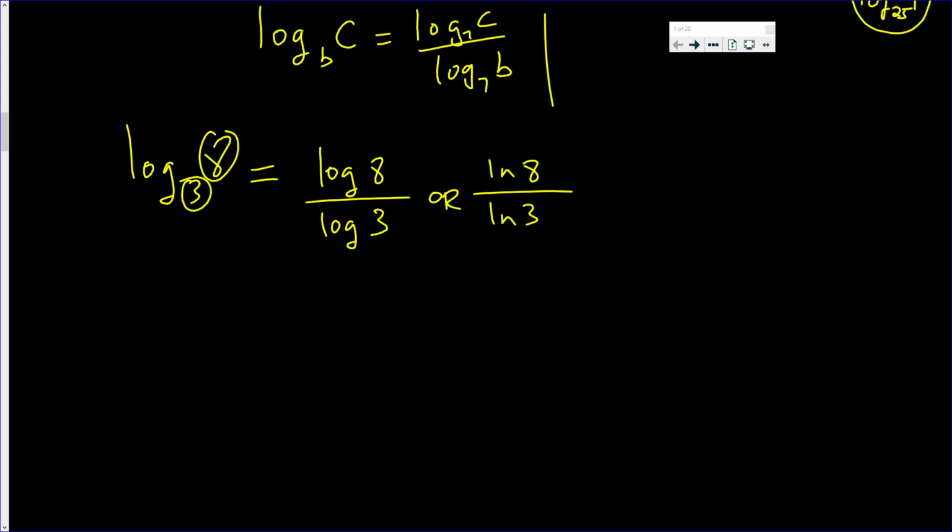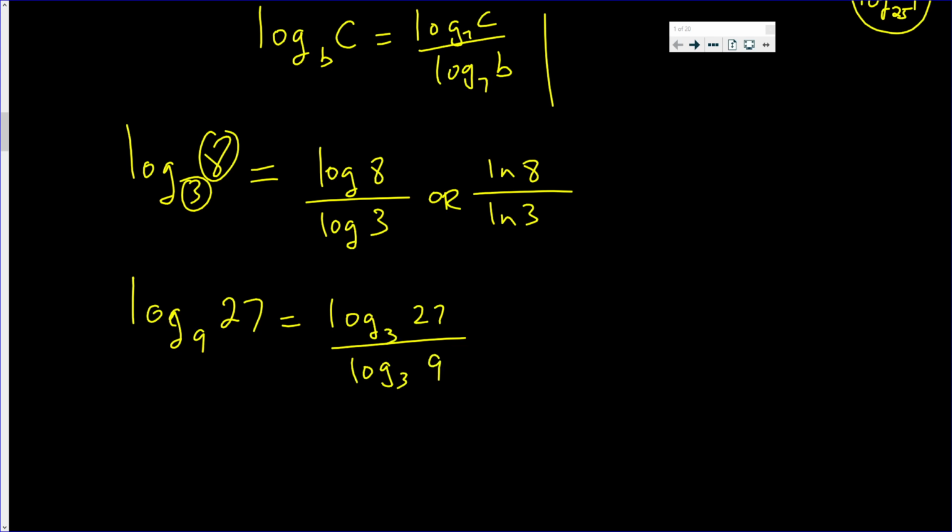Okay. Now, suppose you wanted to evaluate without a calculator log base 9 of 27. Now, 3 to a power can give you 9, and 3 to a different power can give you 27. So you know what? I want to write this as log 27 over log 9, and the base of my choice is going to be 3.